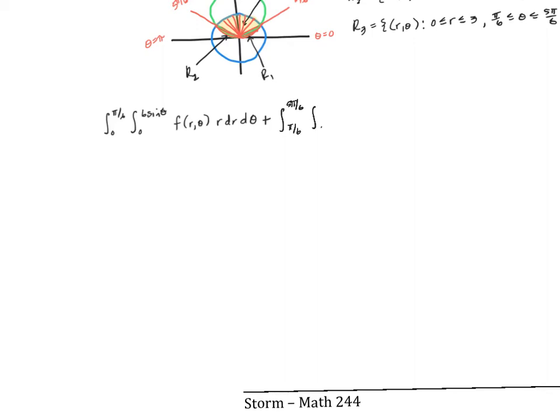In this case, the radius goes from 0 to 3 of my function r dr d theta, plus the integral from 5 pi over 6 to pi, radius goes from 0 to 6 sine theta, my function r dr d theta.